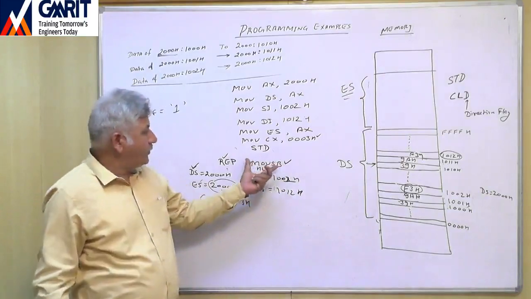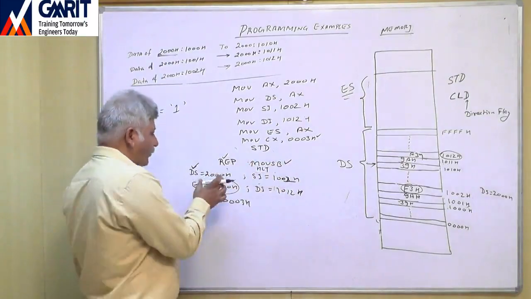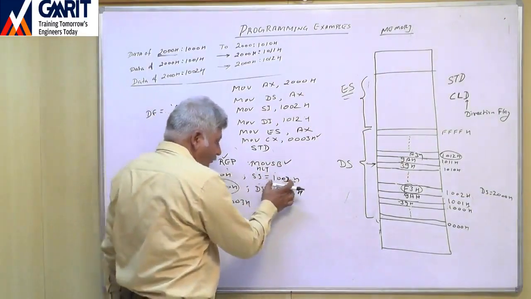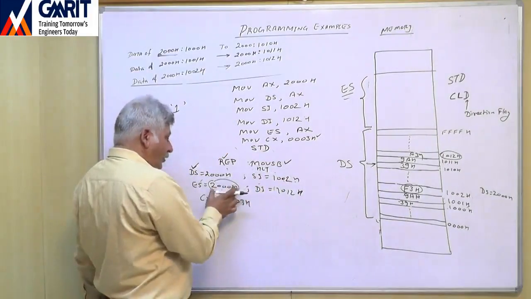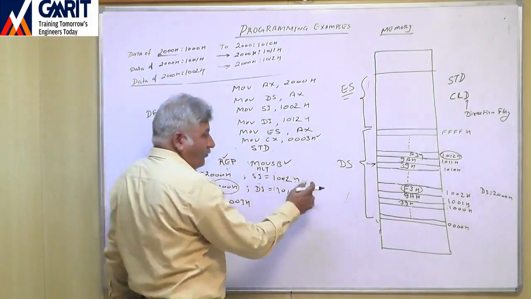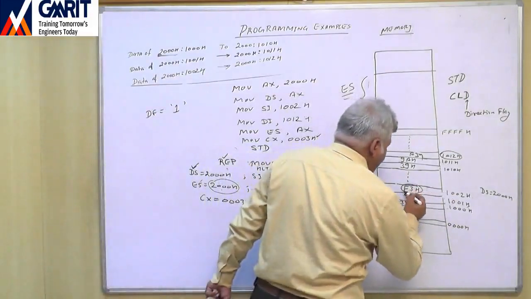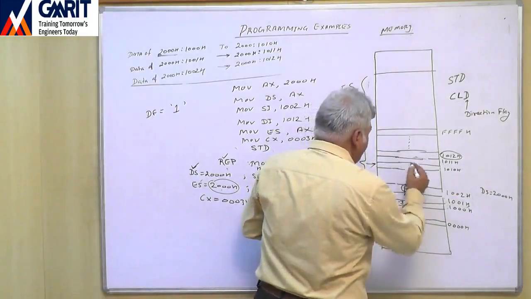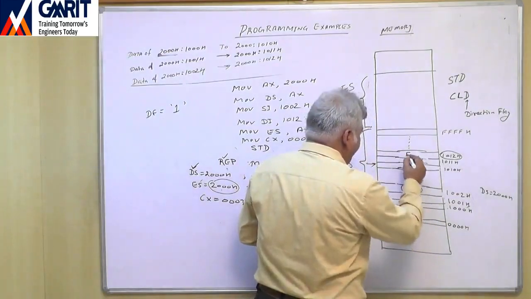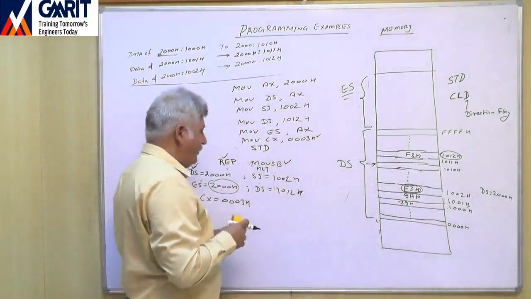So now the move string byte instruction will transfer the data from 2000:1002 to 2000:1012. Means from here, first this data will be transferred now. First the highest byte F3 will be transferred, right?